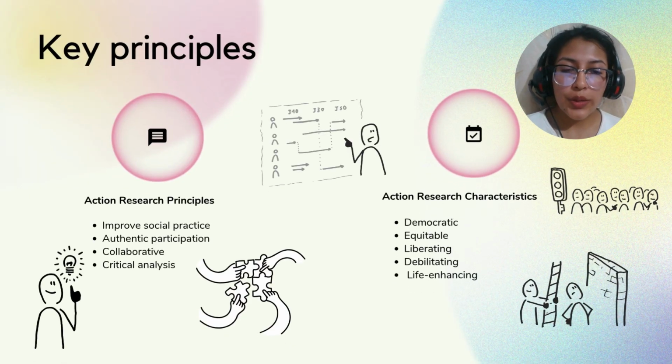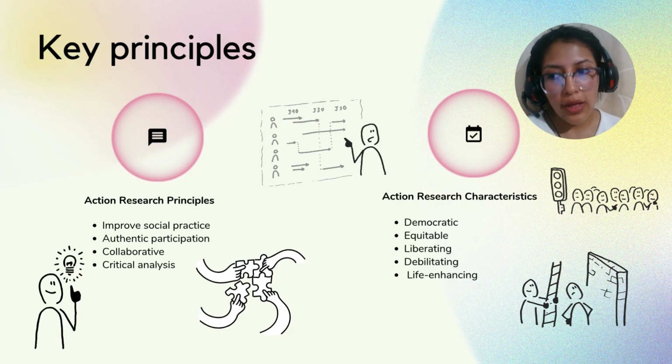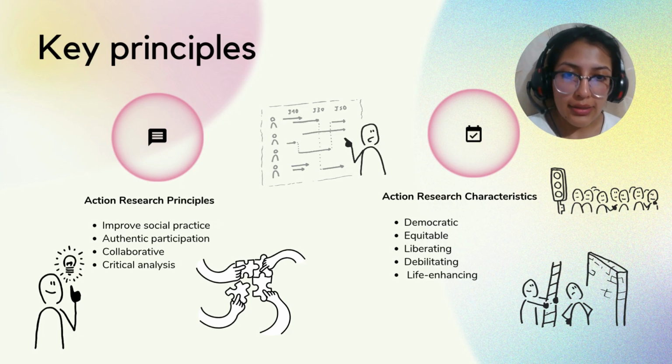Key principles of participatory action research. This type of research tries to improve social practice and also enhances objective participation. So participatory action research is collaborative and focuses on critical analysis.